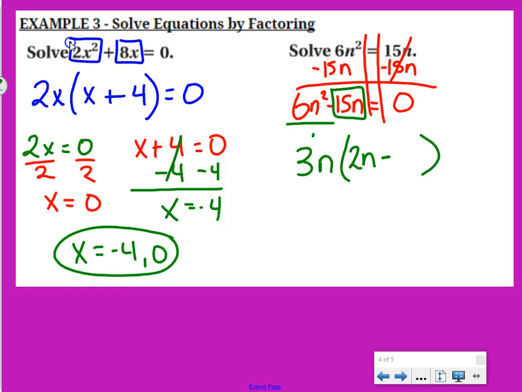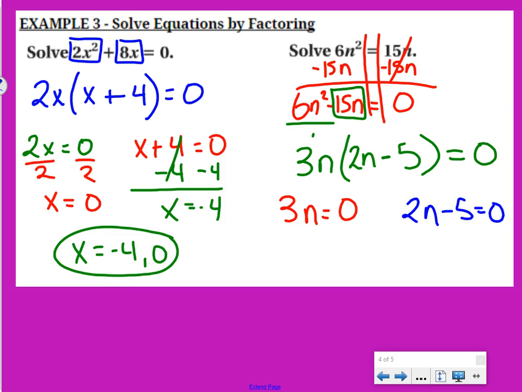Minus 15n, we have a 5 left over to make 3 times 5, 15, and we don't have any n's left because we took one away. That's equal to 0. Now, using our zero product property, we can say 3n equals 0 and 2n minus 5 equals 0.